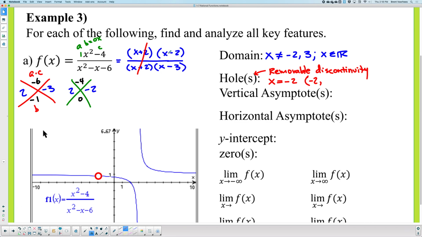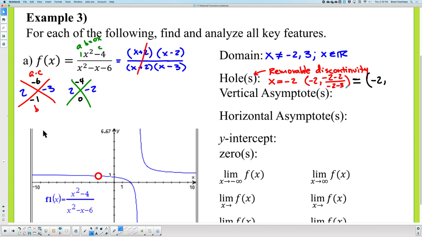How you know is you plug in negative 2 to the remaining equation. So just the unsimplified version, it'll be negative 2 minus 2 over negative 2 minus 3. Let's simplify that to figure out what that point is. That would be equal to negative 2 comma, what's negative 2 minus 2? Negative 4, divided by what's negative 2 minus 3? What's negative 4 divided by negative 5?